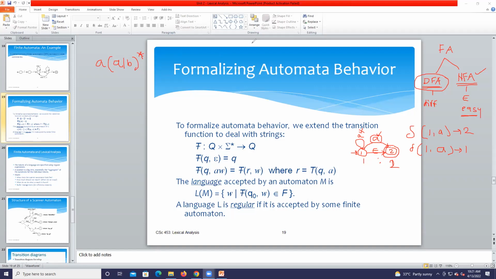So for this same regular expression, let us start. This is the regular expression given, and I am going to draw the NFA first, and then I will draw the DFA. So for that, I will use the whiteboard.